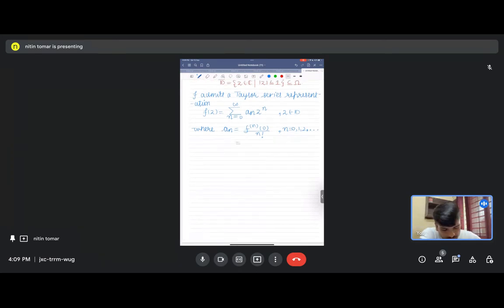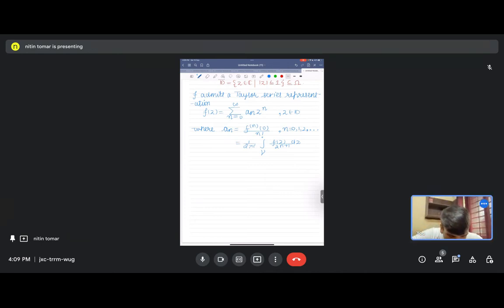It has one more representation: a_n equals 1 upon 2 pi i, integral over gamma of f(z) upon z^(n+1) dz. Yes or no? Yes, sir. Okay.